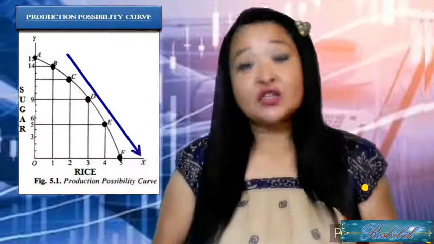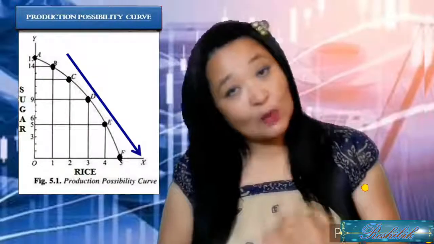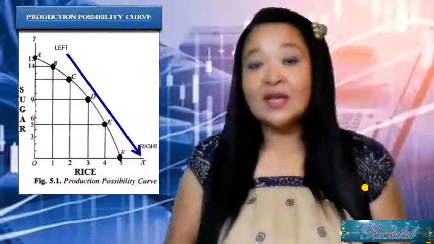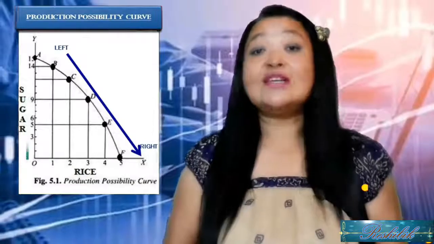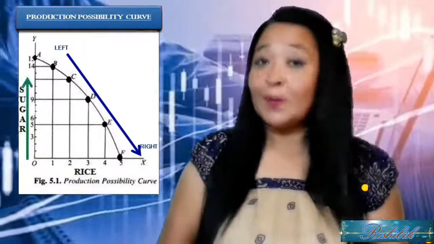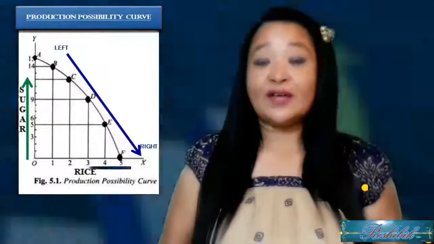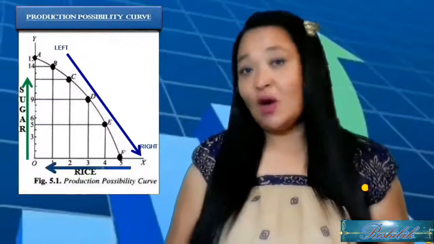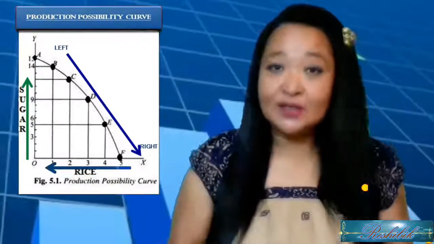production possibility frontier. Now one important question arises: why does the PPC always slope downward? Well, the production possibility curve always slopes downwards from left to right, because in order to increase the production of one commodity, we have to sacrifice the production of another commodity.